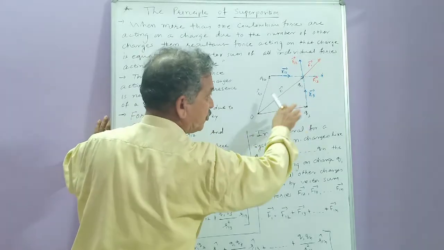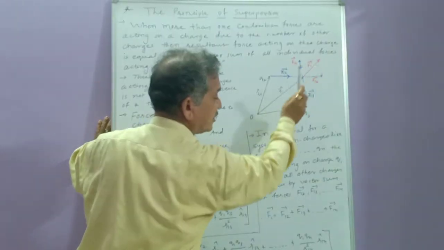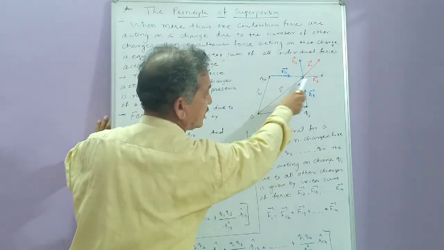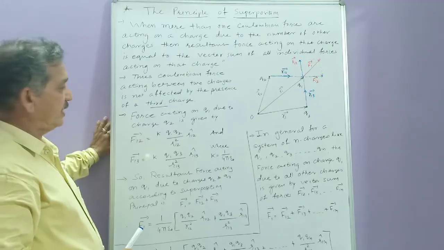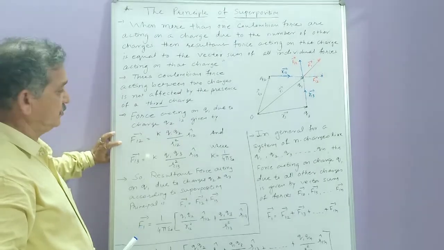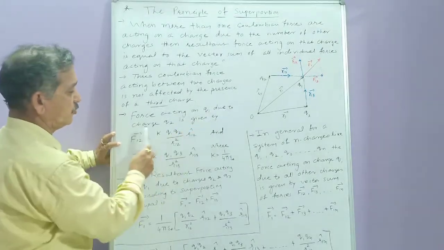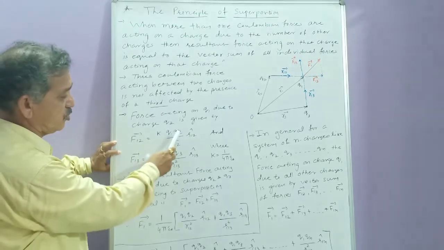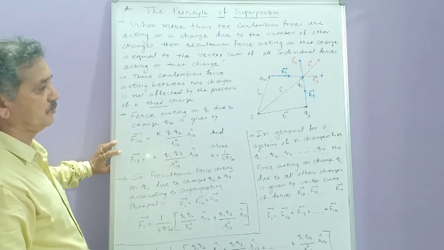So it is repulsive force, and as it is acting on Q1 by Q2, it is denoted by the symbol vector F12, and this vector F12 is in the direction of vector R12, so it is positive force. And as it is positive force, the force acting on the charge Q1 due to the charge Q2 is given by F12 is K Q1 Q2 upon R12 square into unit vector R12.